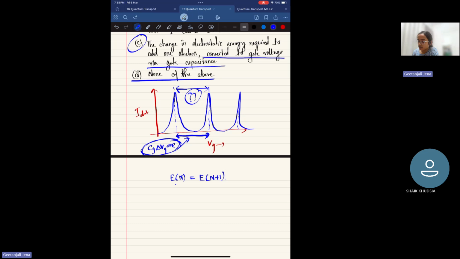So in brief, the spacing corresponds to the energy required to add one electron to this system, and this energy is given as Cg delta Vg, which is equal to E. Okay, so is this clear?